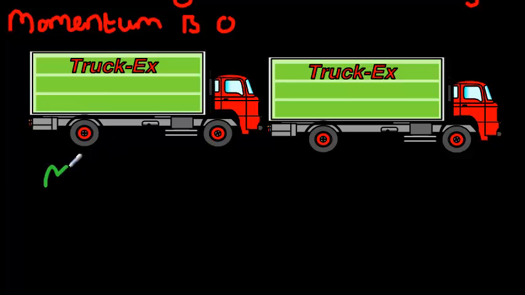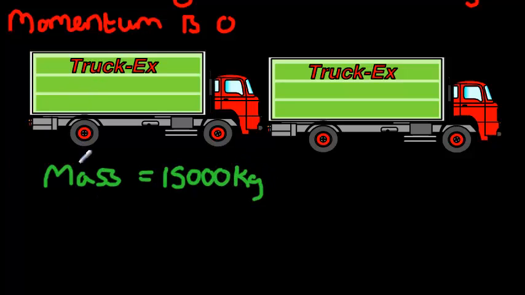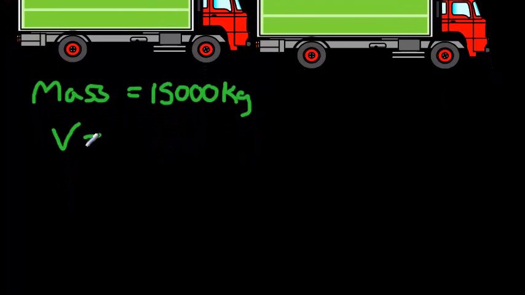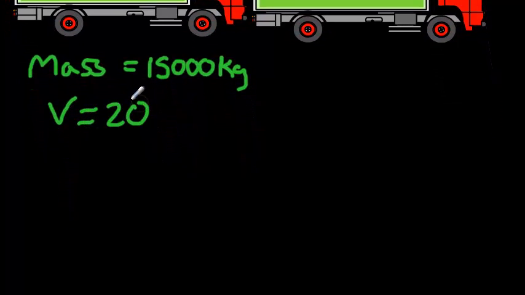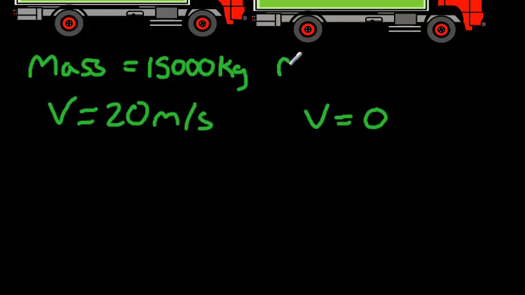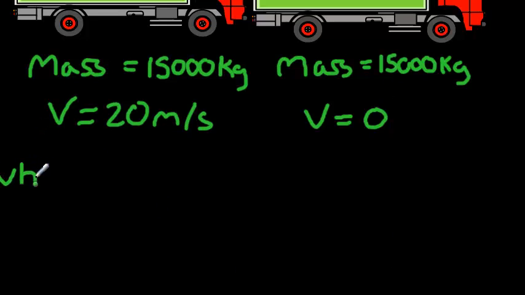They both have a mass of 1500 kilograms. This one has a velocity of 20, and this one over here has a velocity of 0.